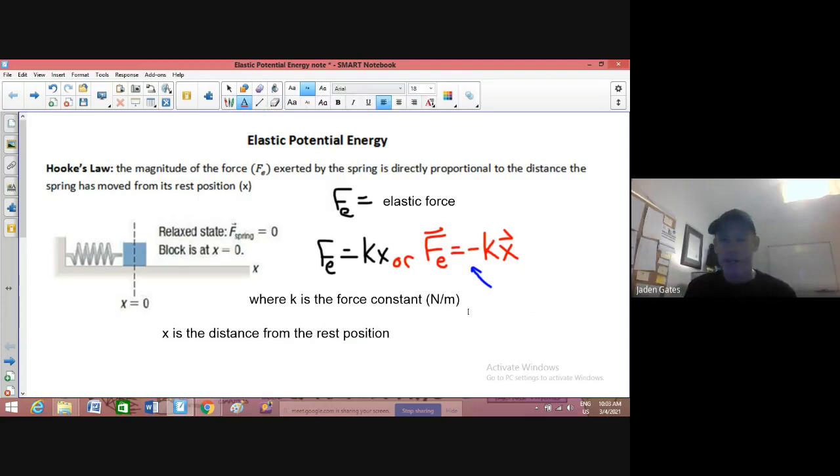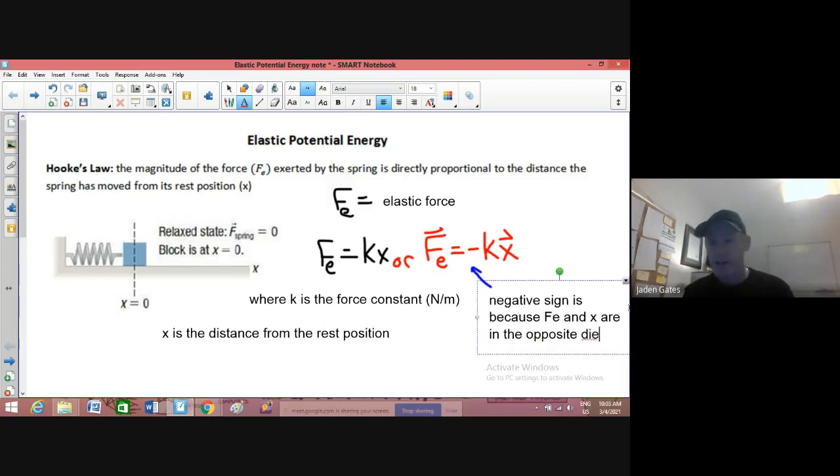The only difference is the negative sign. The negative sign is there because Fe, our elastic force, and X are in opposite directions.